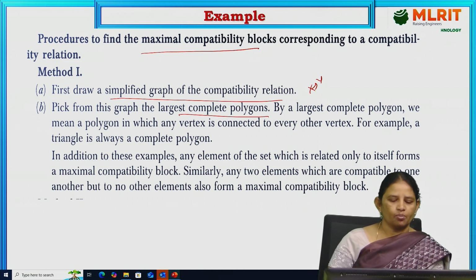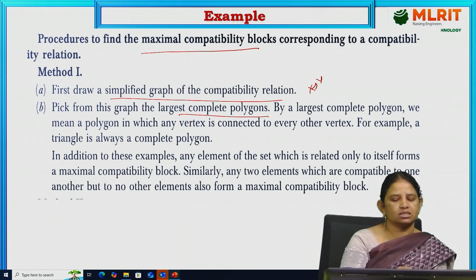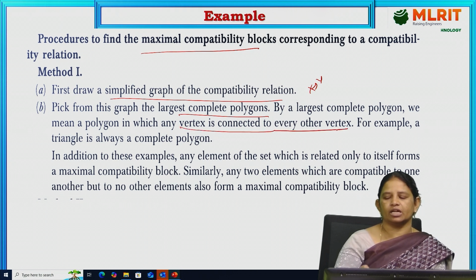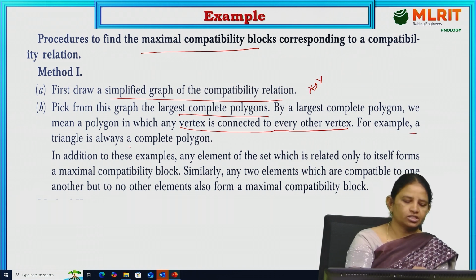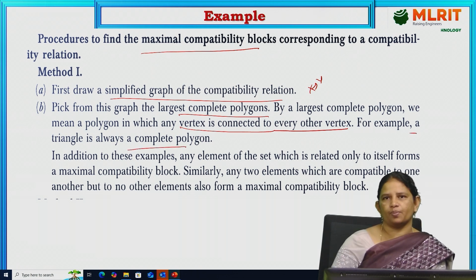The polygon may be either a triangle or a rectangle, whatever it may be. We need to consider the largest complete polygon, which means every vertex is connected to every other vertex in the graph. So here a triangle is also considered a complete polygon.